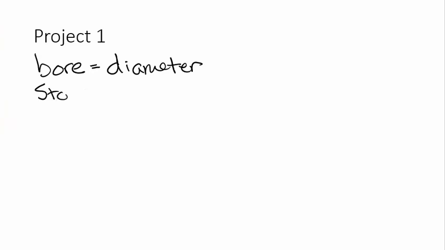Question 4 is the same thing, except for now they're relating it to an engine. Bore is the same thing as diameter. And stroke is the same thing as height.